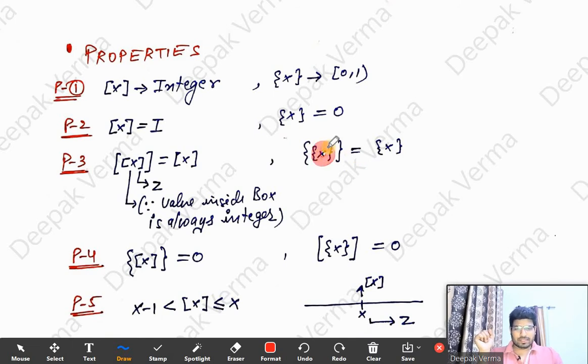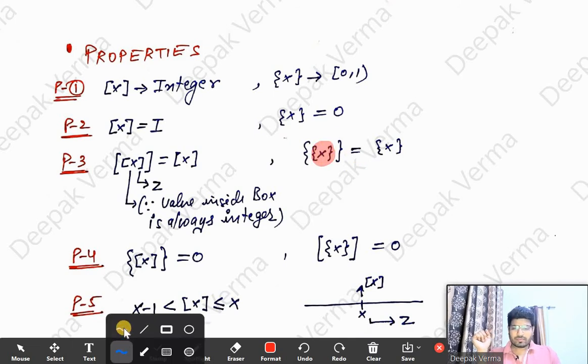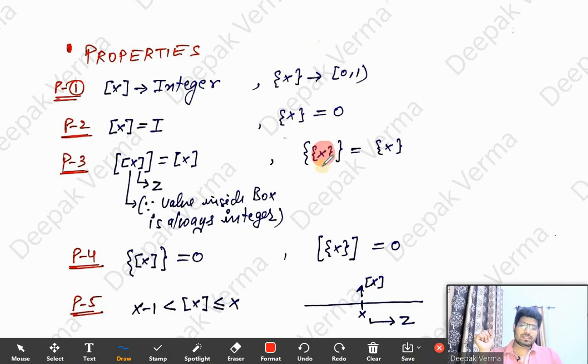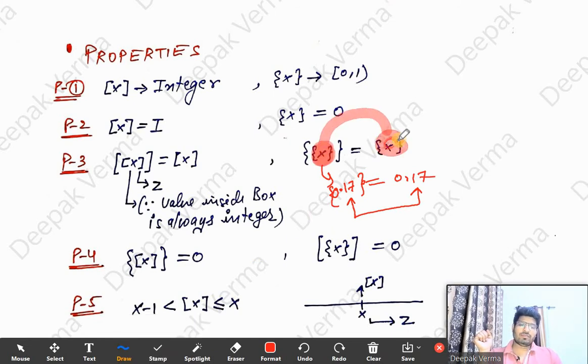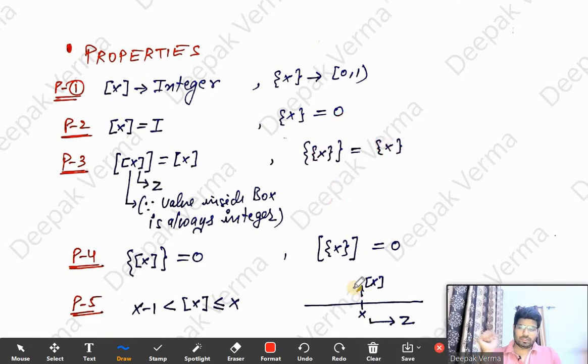Since this is the fractional part, it means something like 0.17, if I say, then what will be the answer of the fractional part of 0.17? This will remain 0.17. So whatever we have written over here, the same thing is written here. Is it clear? So we have the fractional part here, so here also we have the fractional part. I hope you got the point.